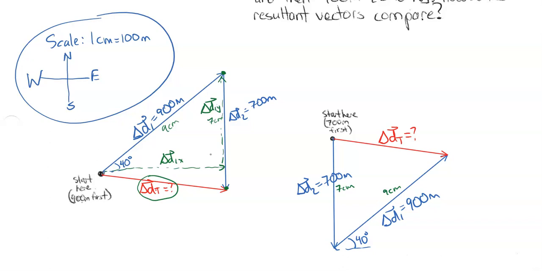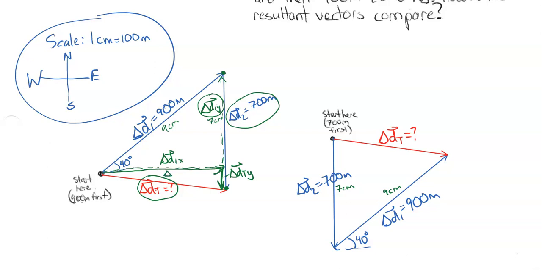And then what you can see is when we add the y components together, the y of the first vector plus the y of the second vector, that's going to give me a total displacement in the y that's represented by this. And then the total displacement in the x is represented by delta d1 in the x.